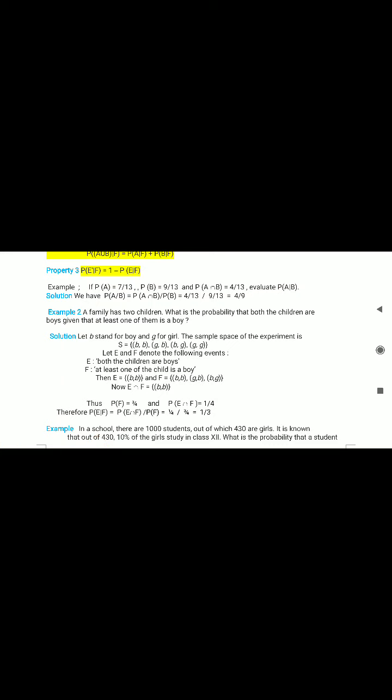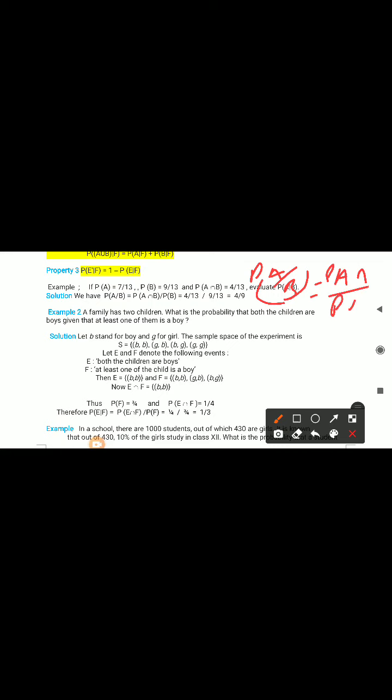We know that P(A|B) will be equal to P(A intersection B) upon P(B).